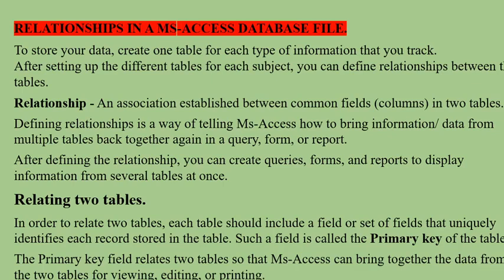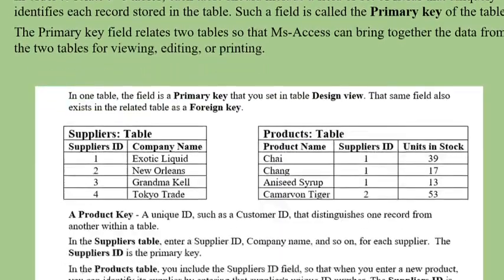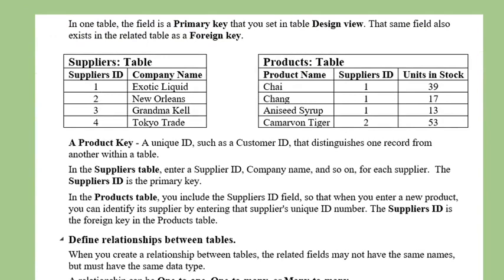And therefore, we usually have relating two tables. In order to relate two tables, each table should include a field or set of fields that uniquely identifies each record stored in the table. Such a field is called a primary key. And therefore, that brings us to this. For instance, you have a products table and a suppliers table.